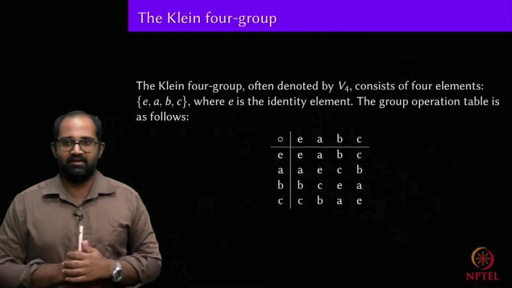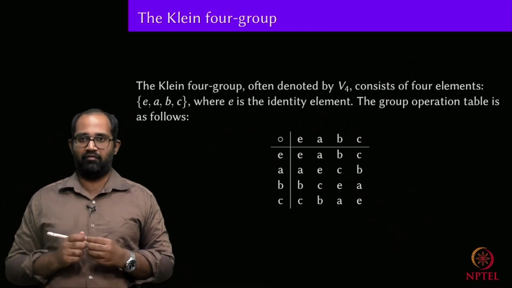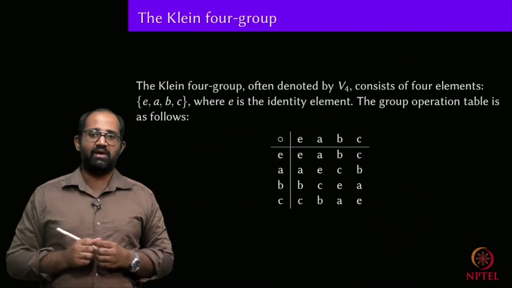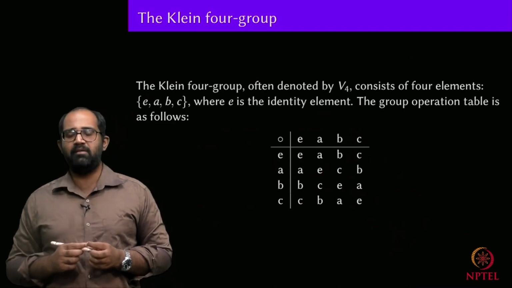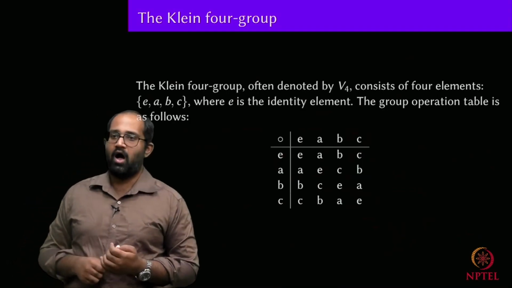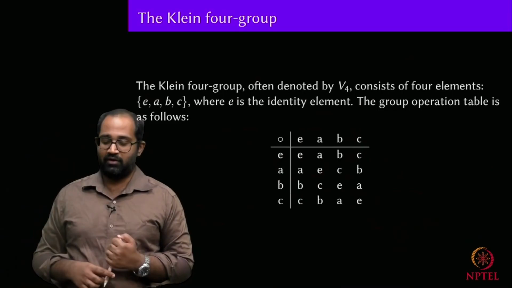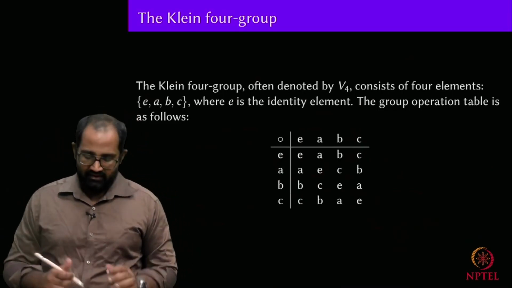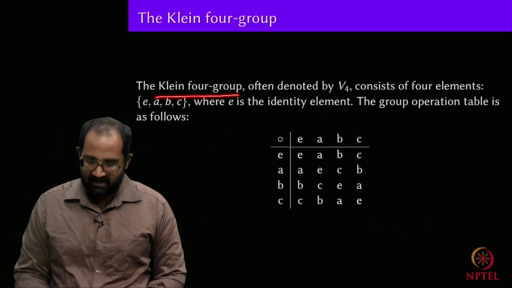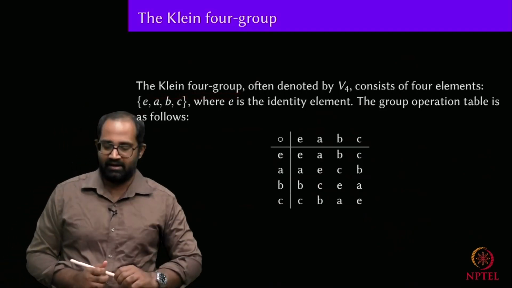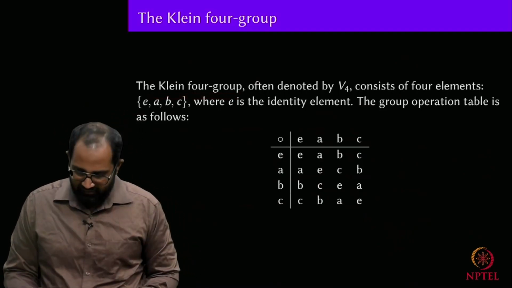What about 4 elements? Well, I will just give one example of a 4 element group, and you can think about whether this is the only possible 4 element group or are there more possibilities. Is this the only possible one? Well, this is called the Klein 4 group. Again, we will encounter this in some detail in algebra 2. It is denoted V4.